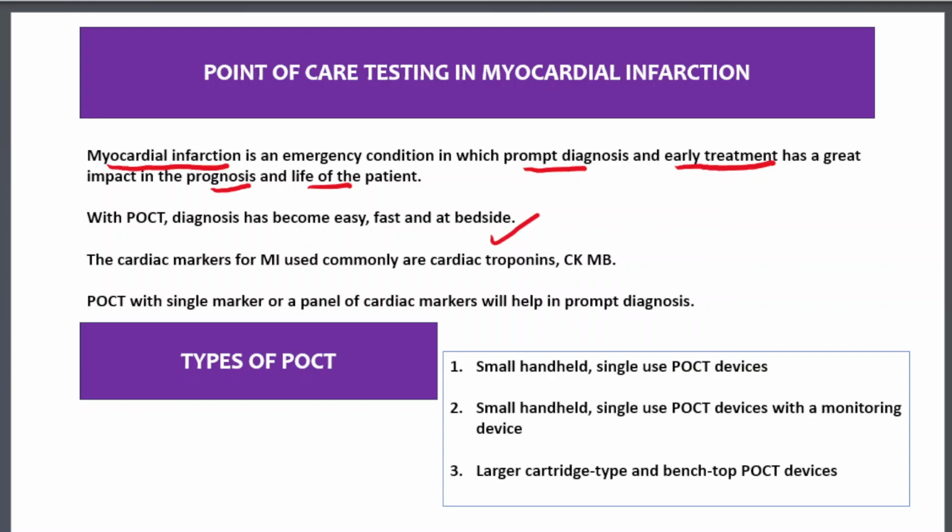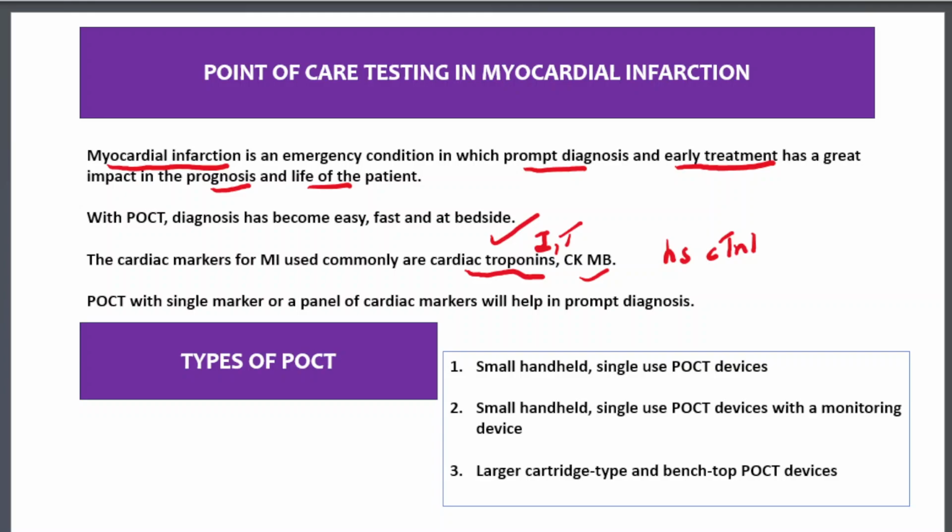Yes. So the cardiac markers for MI that are commonly used nowadays are the cardiac troponins. Yes, cardiac troponins I and T, and also we have high sensitivity cardiac troponins. Yes, also CKMB. But these cardiac markers will increase in the blood only after 4 hours of the onset of symptoms.